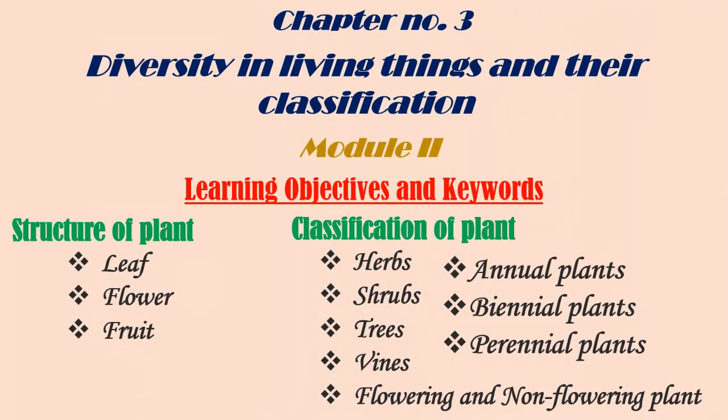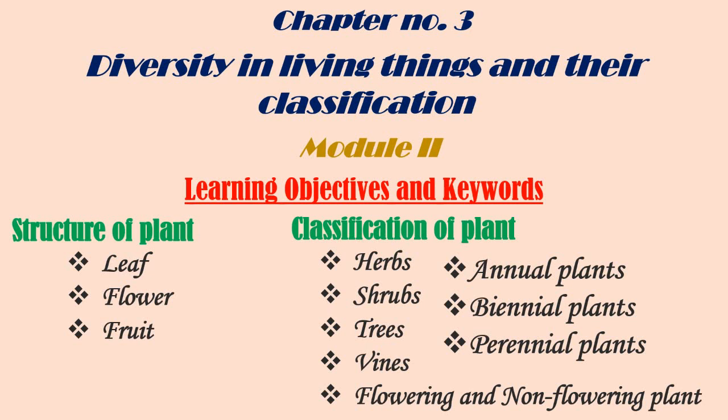Welcome students. In the second module of chapter number 3, Diversity in Living Things and Their Classification, we will be learning two main topics: structure of plant and classification of plant.